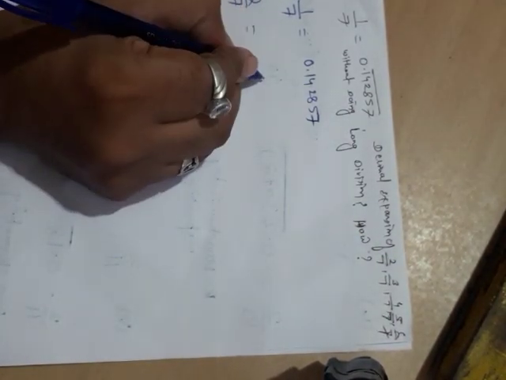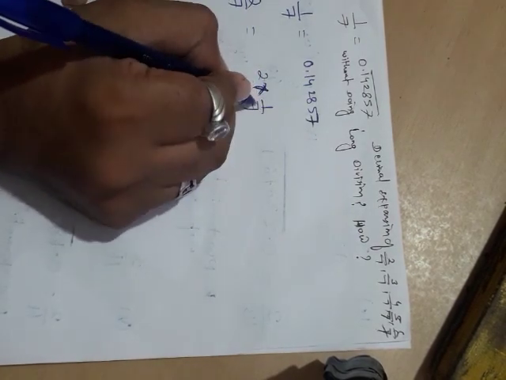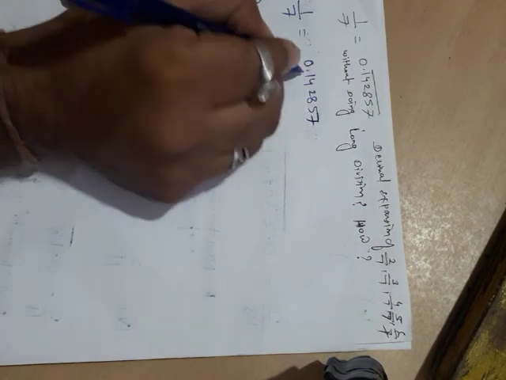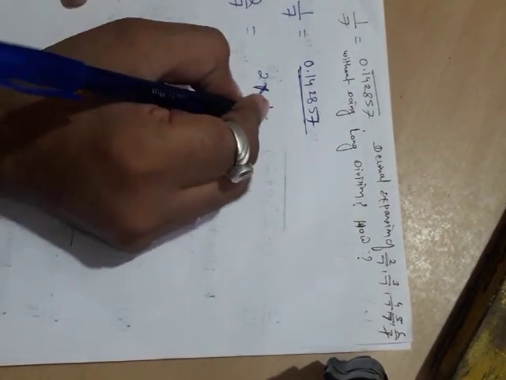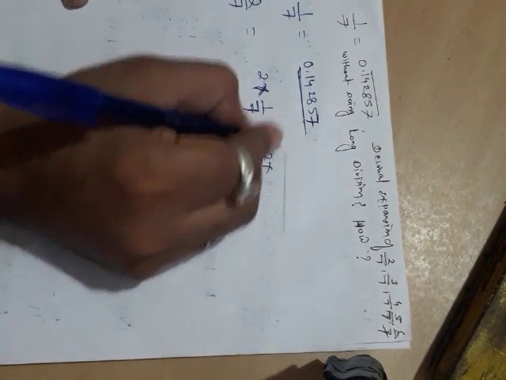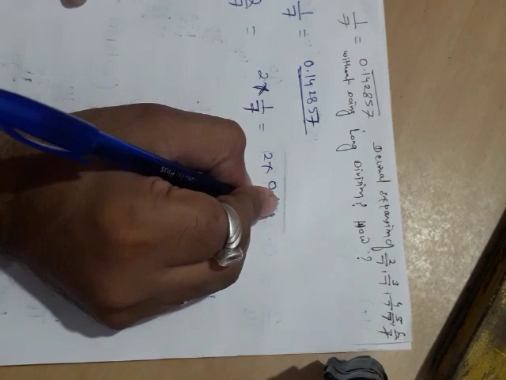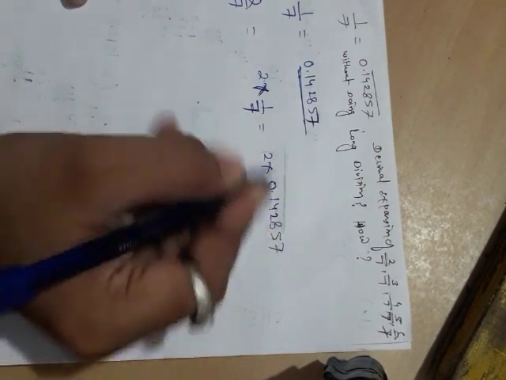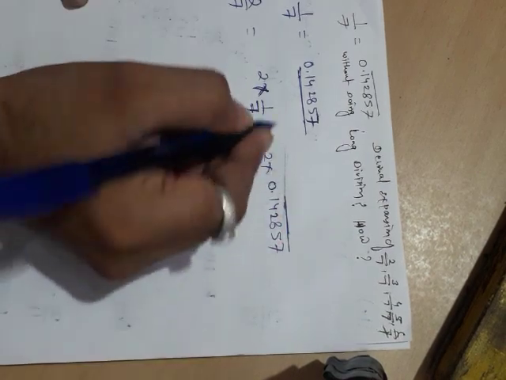So we need to find out 2 upon 7. I can write 2 upon 7 as 2 cross 1 upon 7, 2 as quotient separately and 1 upon 7, the value that we already have with us. So we keep this as 2 into 0.142857. Simply multiply this and put a bar over it.